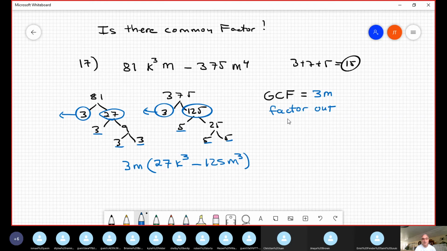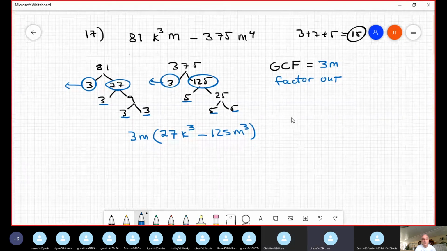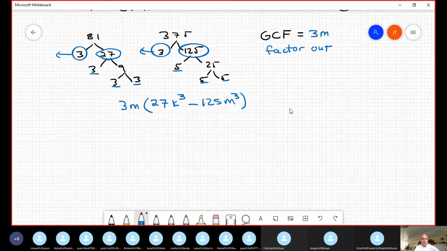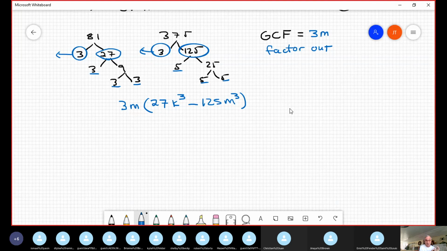Everyone following so far? Yes, I follow you. The only thing we're doing now is the GCF. Did I finish? No, no more factorization? No, keep going. You recognize this is a binomial, but what kind of binomial?